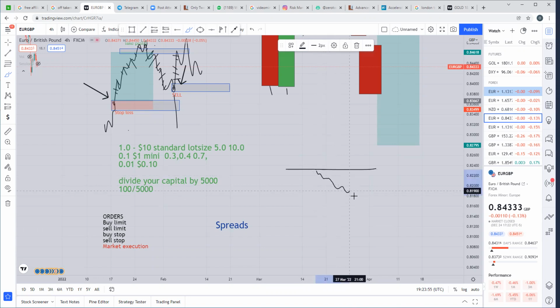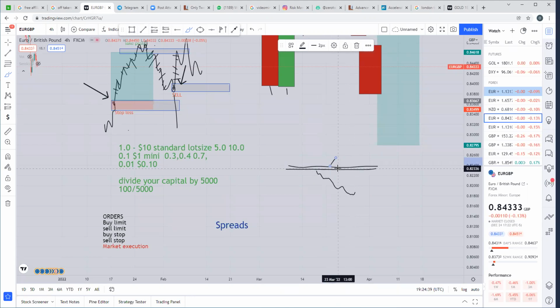Okay, now if you are not using a zero spread, maybe a standard spread account, let's say the market is currently here at this current price. You click on sell from this point, the market is going to activate for you, but for you to go into profit, the market needs to come down, sometimes below this point, because this is where the market is going to start selling for you.